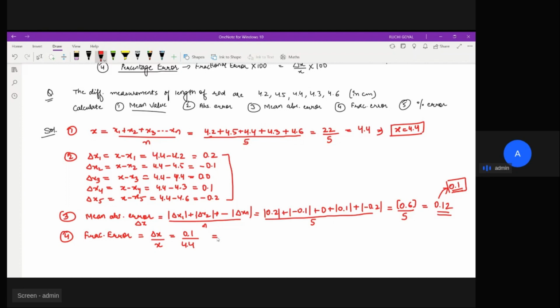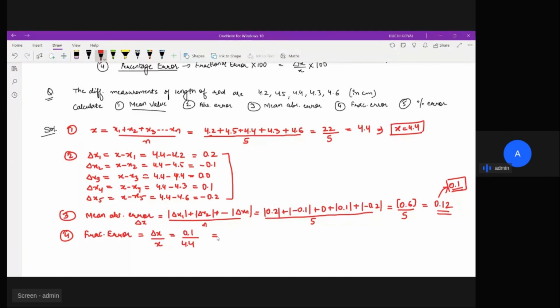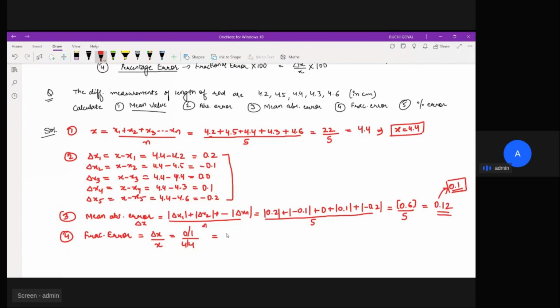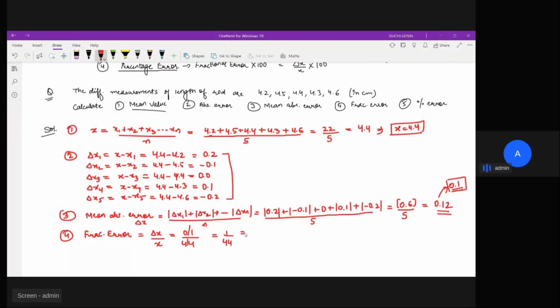Now you have to divide 0.1 by 4.4. You can remove the decimal point, so it will be 1 divided by 44, which is 0.02272 and so on.